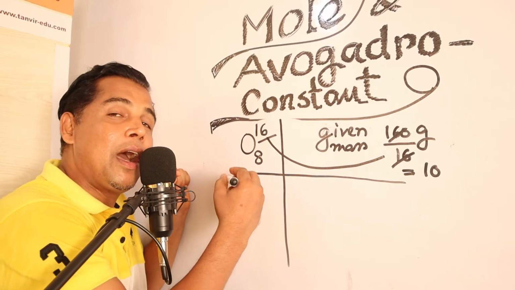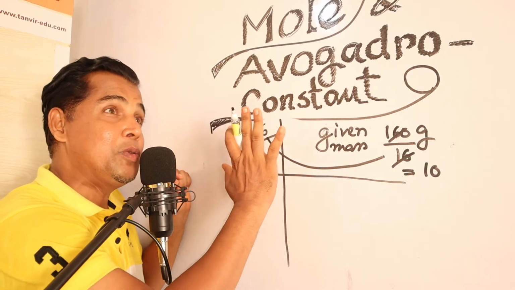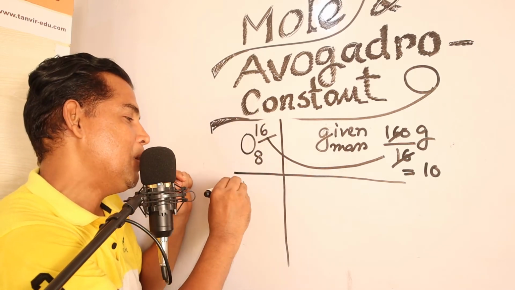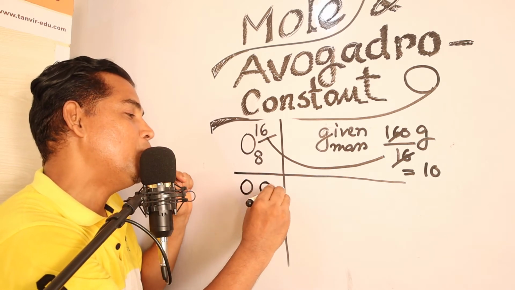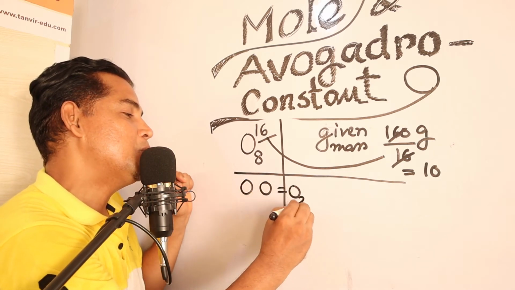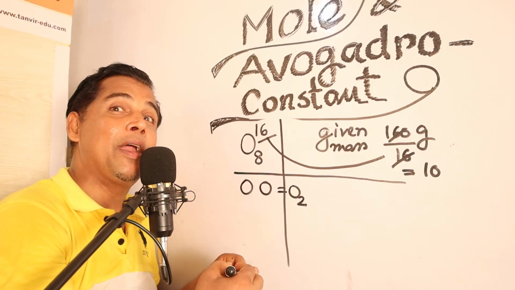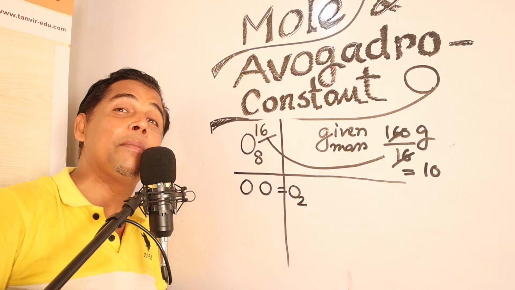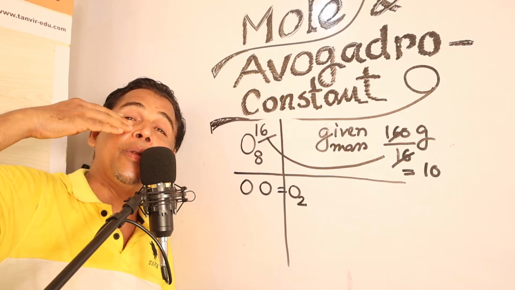I'm not talking about the outer shell or the situation of participating, because today's video is about moles. So oxygen and oxygen make O2, you know that. O2 is not a symbolic atom. O2 is something we use in breathing. In corona time, O2 was very meaningful.